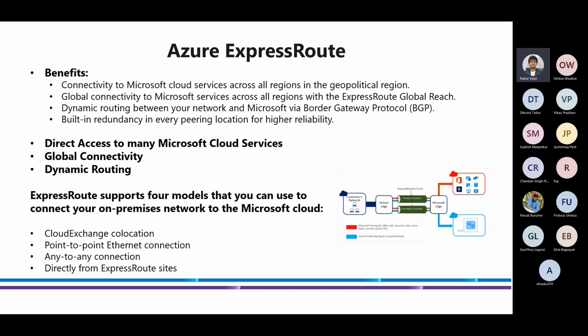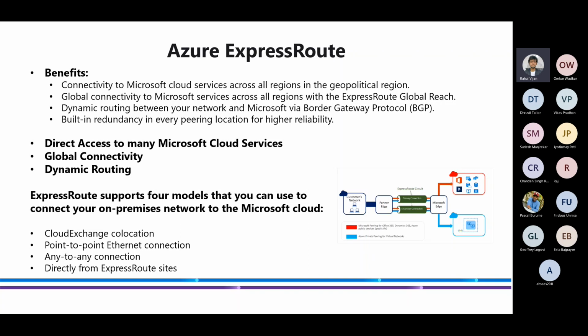I can have it connected to anything, because what if I have the majority of my users in England? Then I want to have a private dedicated line connected to that particular place, so I can have the lowest latency and provide the best user experience to my customers. Then global connectivity to Microsoft services across all regions with the Express Route Global Reach.